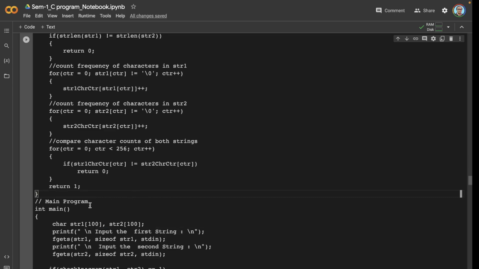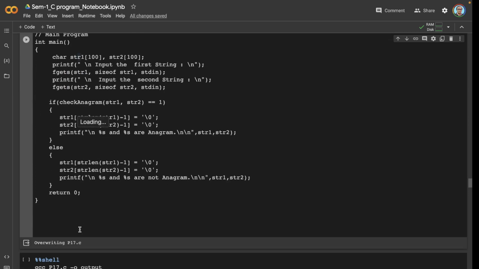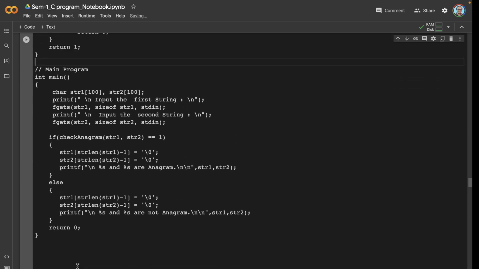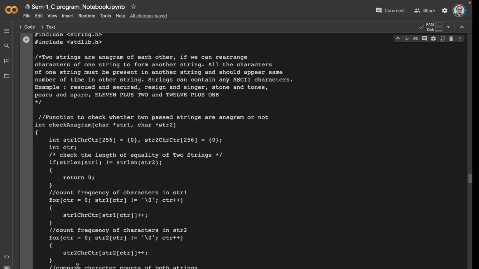Main program is this. So we put this, compile.